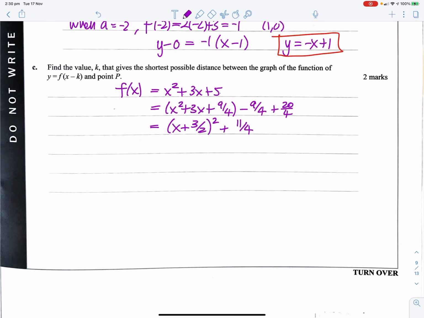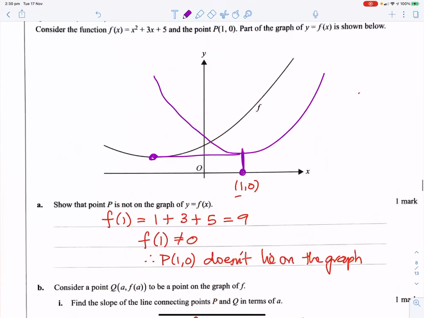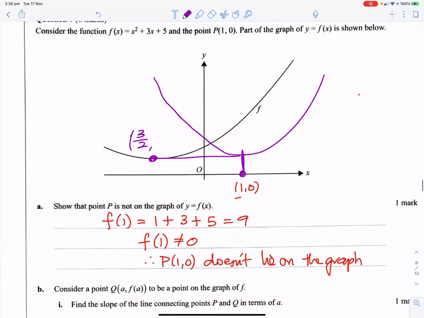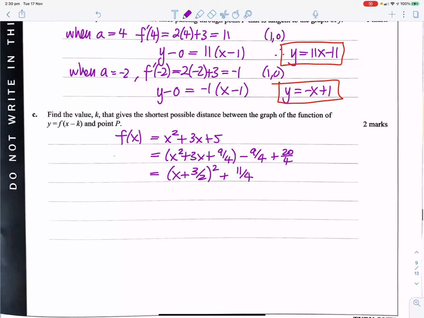So that's the turning point of the graph now. 3 on 2, what was it? 11 on 4. We want to move it across to the point 1. So we've got to move it 2.5 units to the right.